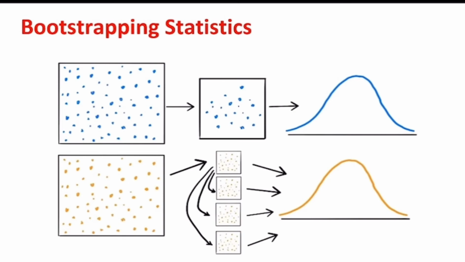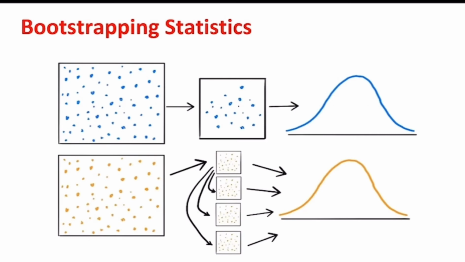There's a way we can make the sampling distribution of the statistic from that normal.